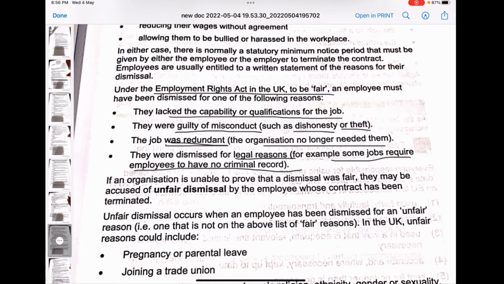So, if the employer dismisses the employee for no good reason, or for unfair reasons, then the employee can basically accuse the employer of unfair dismissal.